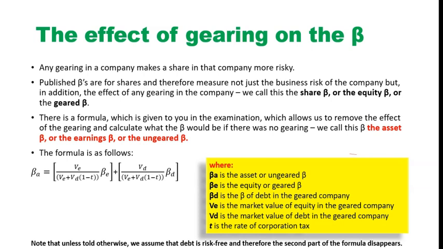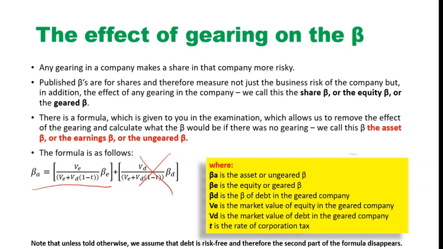BD is the beta of debt, but because debt is considered risk-free, normally we ignore this part unless otherwise told in the exam. So our formula usually ends there.